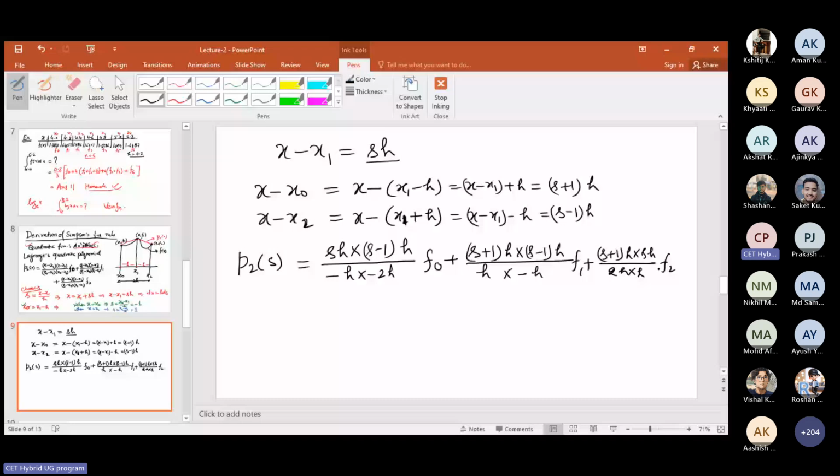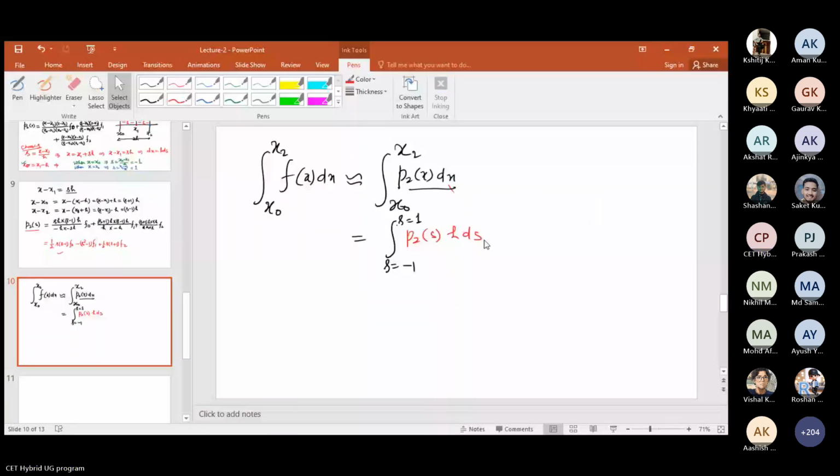Simply the whole term is converted into an expression in s now. 1 by 2 s into s minus 1 f0 minus s square minus 1 of f1 plus 1 by 2 s into s plus 1 of f2. This is the p2s red color term, substitute it in the integral here.